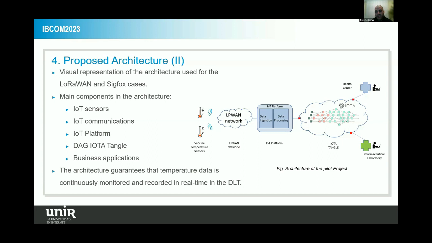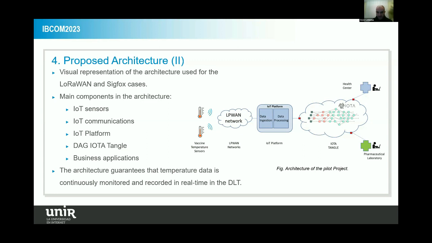The IoT sensors, the temperature sensor devices, measure the temperature inside the refrigerators or cooling boxes and use LPWAN connectivity. Under the umbrella of LPWAN connectivity, we have LoRaWAN, Sigfox, narrowband IoT, LTE-M.